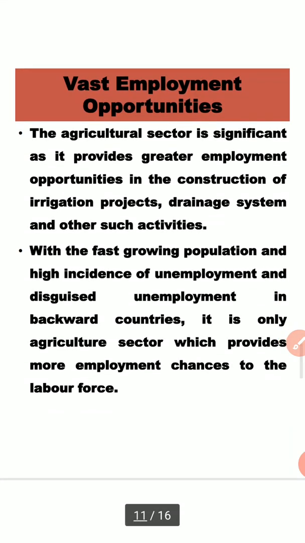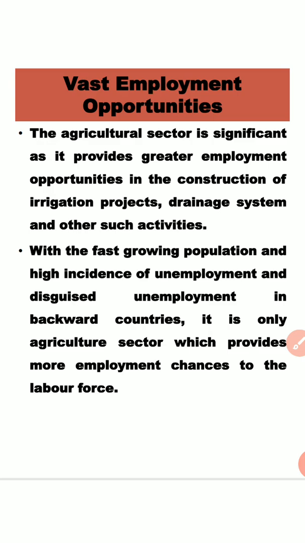Next is agriculture providing vast employment opportunities. For development, you need to give employment to the people, and the agriculture sector has the capacity to provide employment to a larger population.